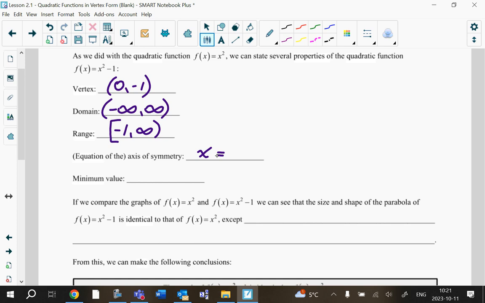The equation of the axis of symmetry, if I move up or down, will still stay the same. There is a minimum value because it bottoms out. Where? y equals -1. Remember, put those x's and y's in. Don't just write 0 and -1.